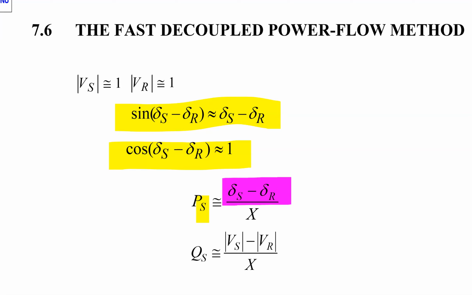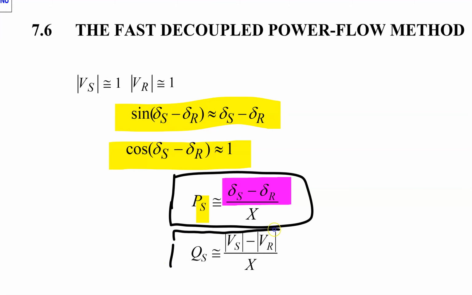This is very important, and one of the fundamental ideas is that active power is very strongly connected to the angle difference, while reactive power is very strongly connected to the voltage difference, the length of the vectors. So these are two very important things I wanted to show you before we start on the Gauss-Seidel and Newton-Raphson.